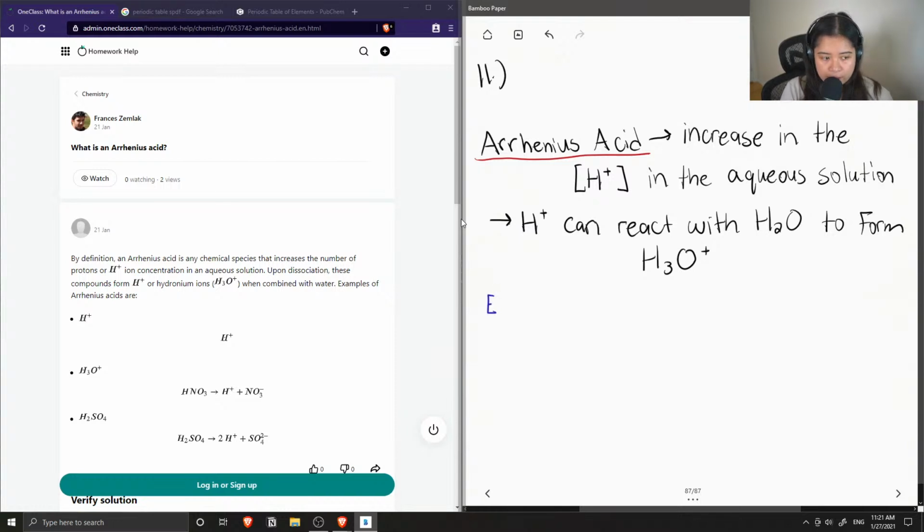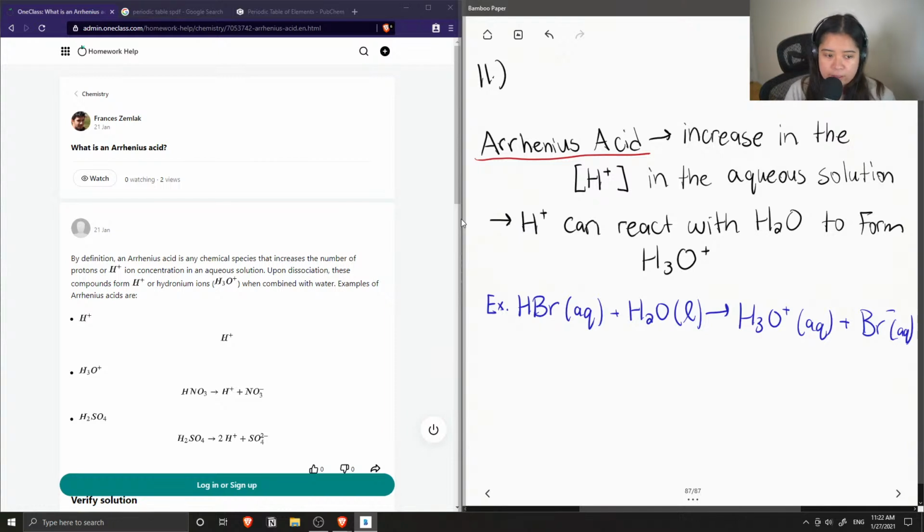So for example, if we had a solution with HBr and water, this would look like H3O+, hydronium ions, plus Br-. So this is one way we can write out this reaction.